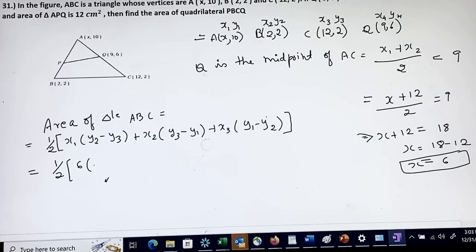6. y2 is nothing but 2. y3 is 2 plus what is the x2 value? x2 is 2. y3 again it is 2. y1 is 10 plus x3 is nothing but 12. y1 is 10. y2 is 2.